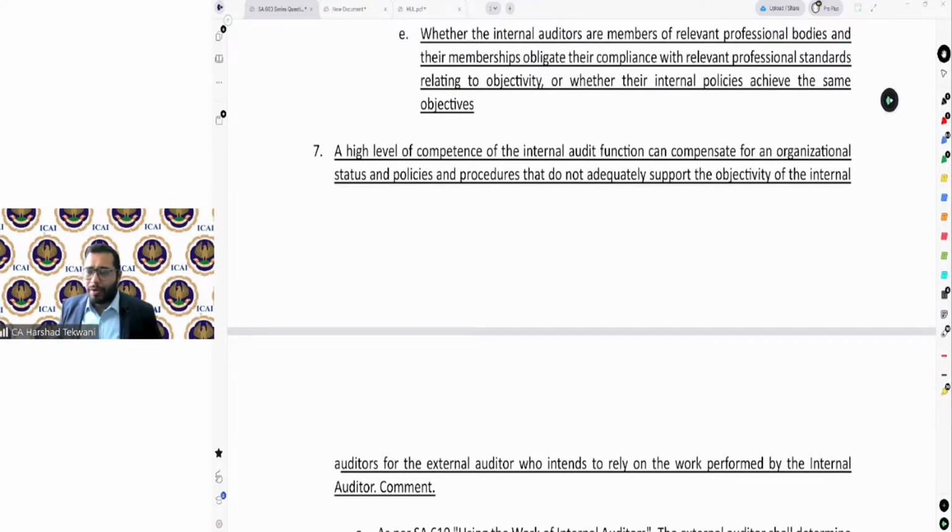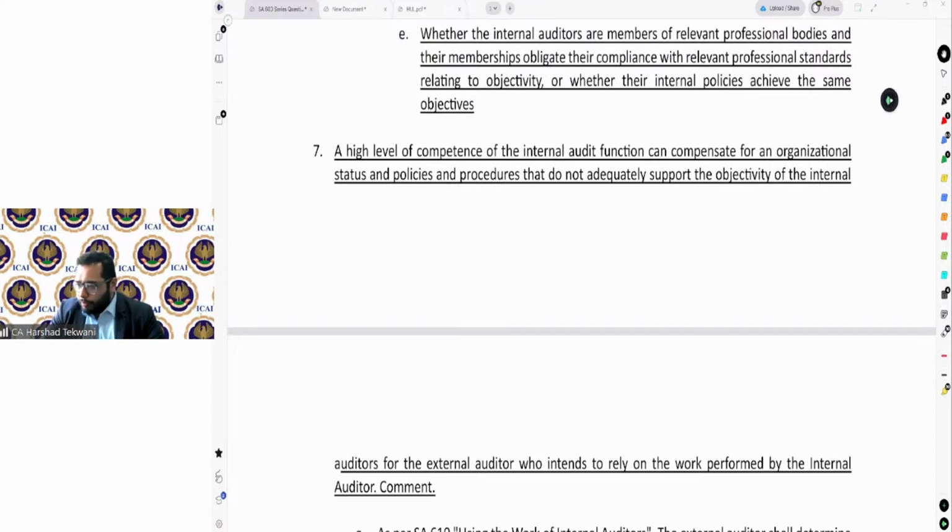And the same we are trying to do over here. The more you think, the more you practice, the more you will be able to apply the concepts of these standards onto the practical scenario. Okay. So just try to participate, try to give answers. That will be good.